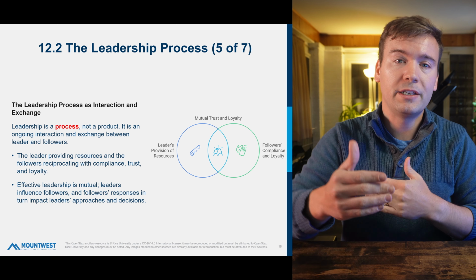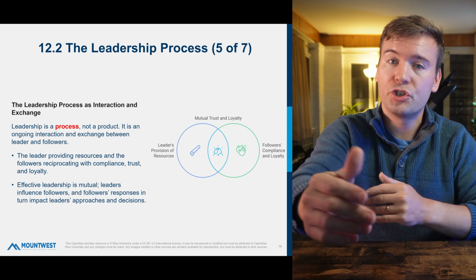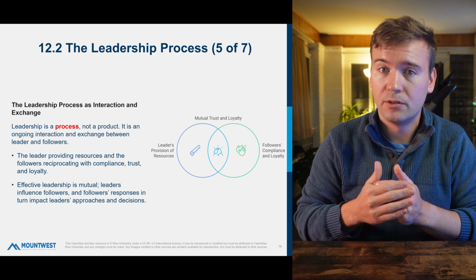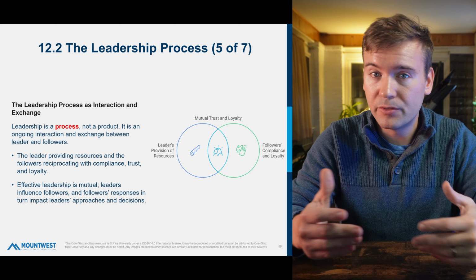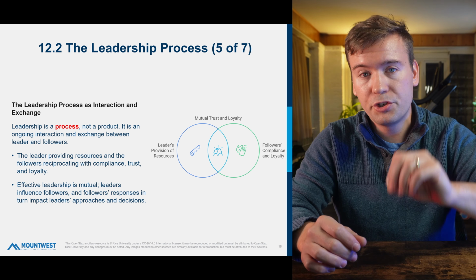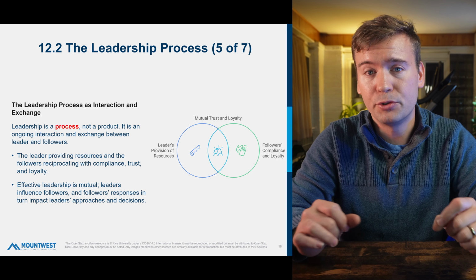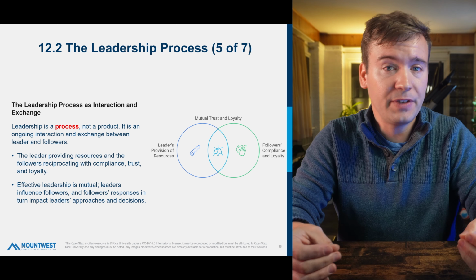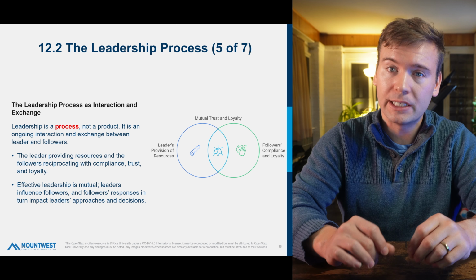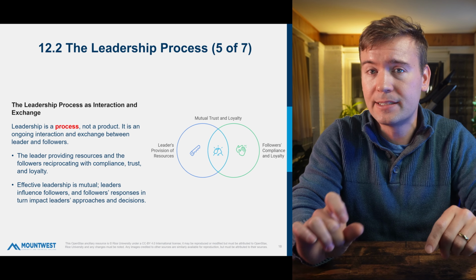So it's a two-way street. Effective leadership flourishes when this exchange is mutual, with leaders influencing followers and followers' responses in turn shaping the leader's approach. Leaders need to listen to their followers. They need to take their feedback into account and be willing to adjust their plans based on the needs of the group.